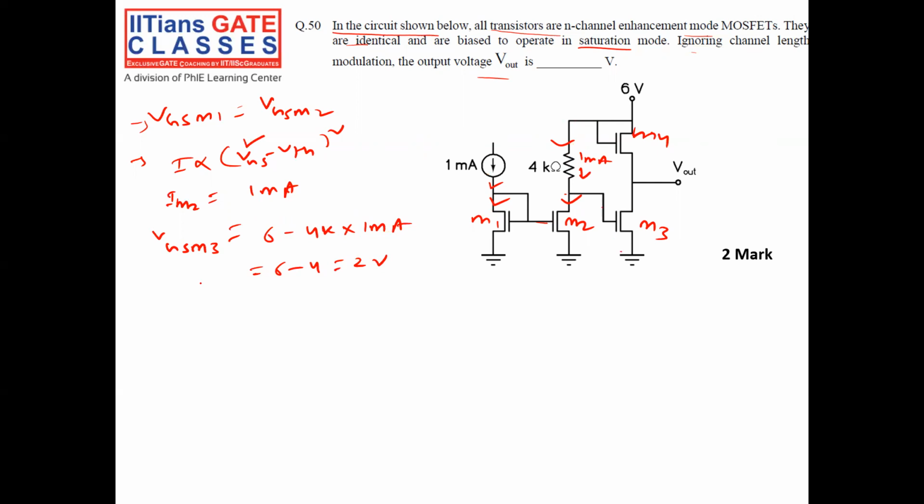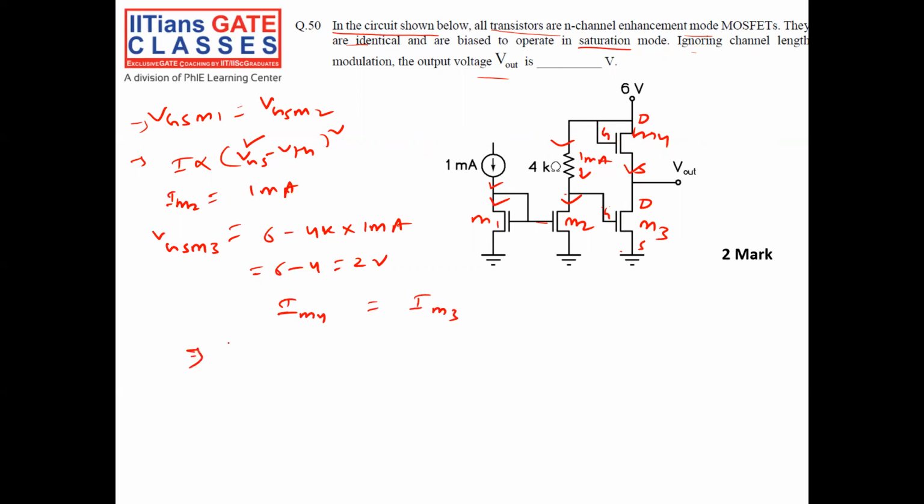Now for this NMOS, this is my drain, this is my gate, this is my source. Since all are operating in saturation and the same current will flow through the branch, we know current of M4 is equal to current of M3.